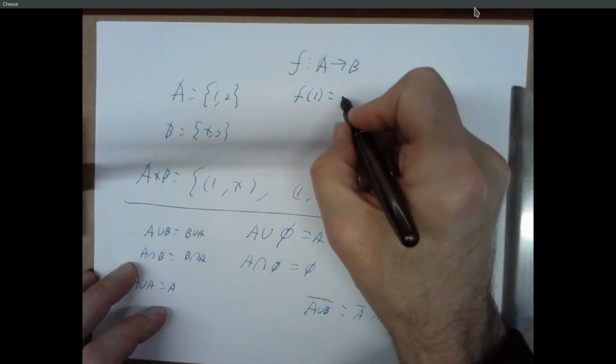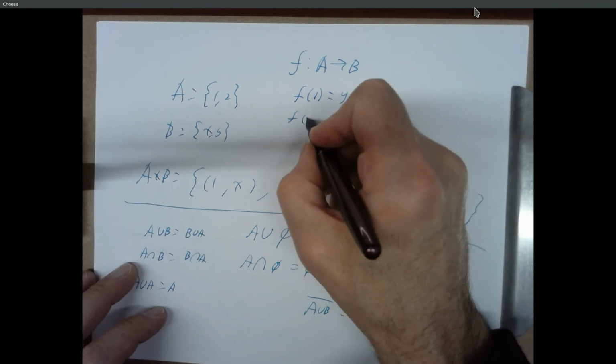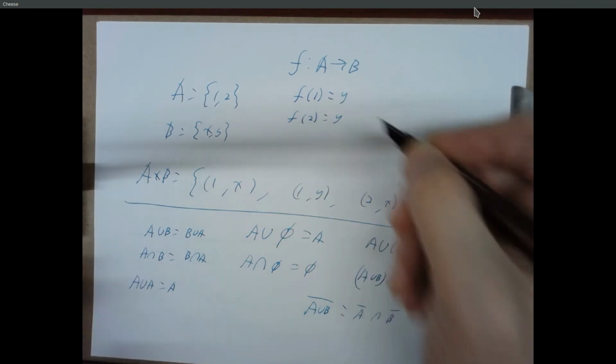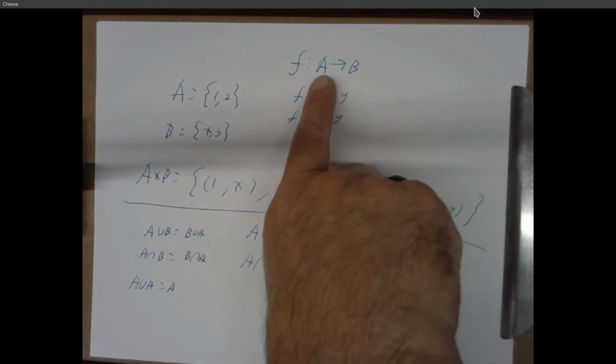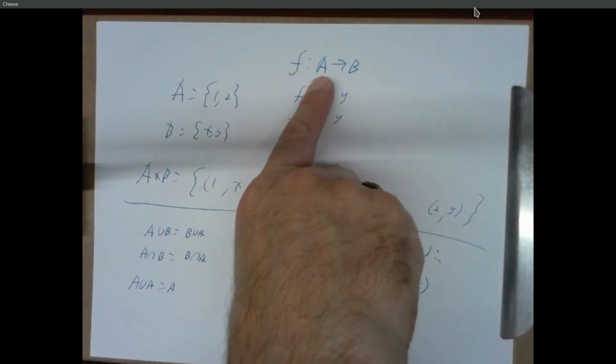So maybe f of 1 is equal to y, and maybe f of 2 is also equal to y. All right, so that's a function. I could take 1 to x and 2 to y, that's a different function. But we can define this function by simply listing what it does to each element in this first set.